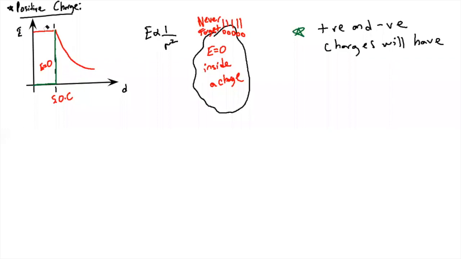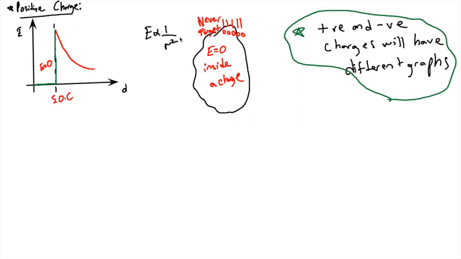You are saying that inside a charge, you're going to have the max E, and that's just not right. Anyway, I'm glad you got it before me telling you. Now, plus and minus charges will have different graphs. A very important point that I had to mention.